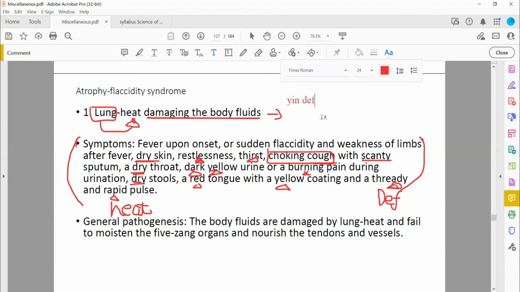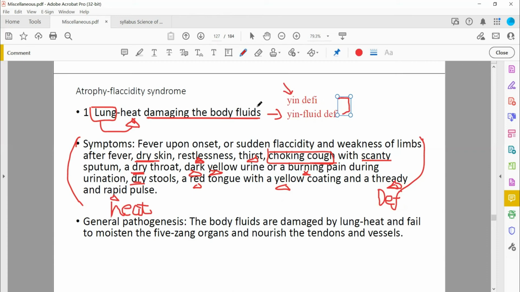Yin deficiency and yin fluid, body fluid deficiency, could both have red tongue, scanty coating, thready, rapid pulse, but the manifestations are different.